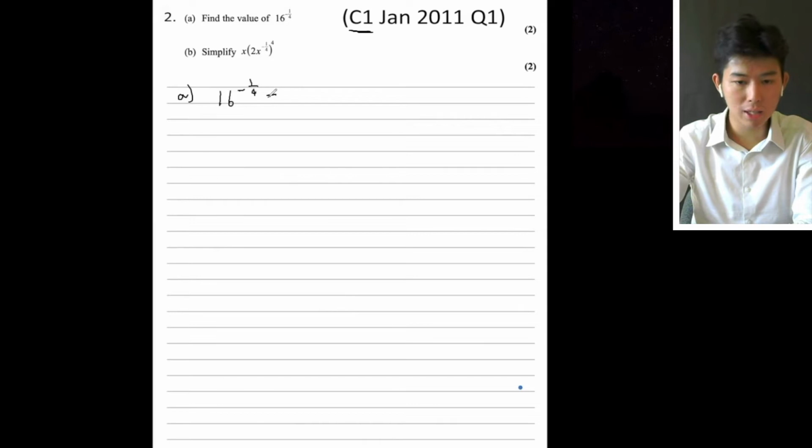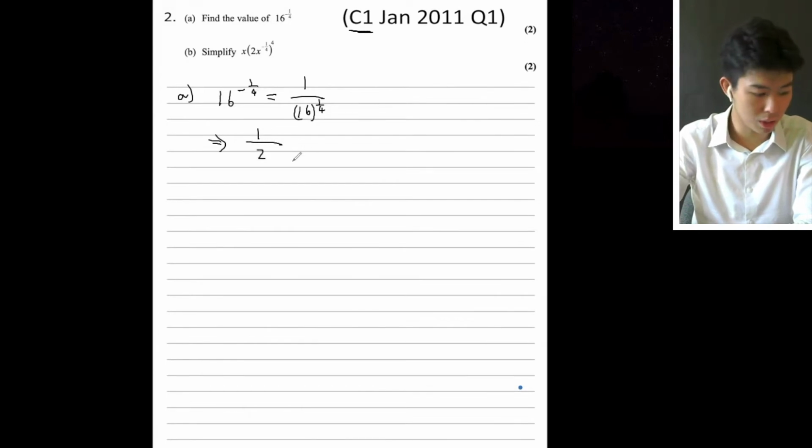And we have to know that any number to the power of a negative value would be equal to 1 over that value. So which is 1 over 16 to the power of 1 over 4. And next step, 16 to the power of 1 over 4 would be 2. So the answer would be 1 over 2. So 1 mark for the working step and 1 mark for the final accurate answer.